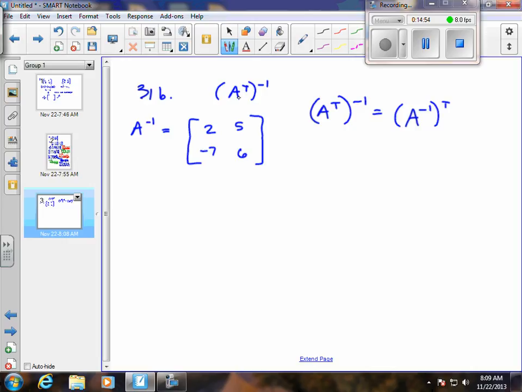So I'm trying to find A transpose inverse, or the inverse of the transpose of the matrix. I can do it by finding the transpose of this matrix. To find the transpose, the row becomes a column, and like that. Done. That's what I'm trying to find right there.